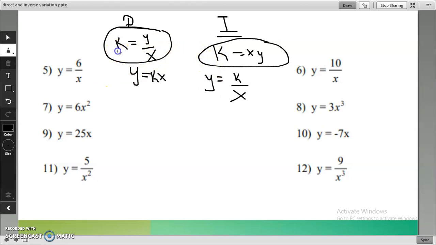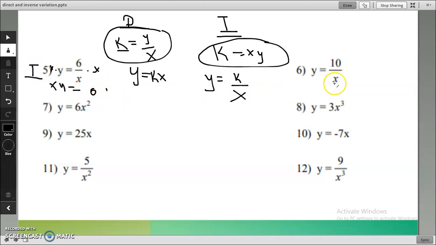I usually try to solve for my proportion k, so I want to get my term by itself. I need to multiply both sides by x, and I get xy is equal to 6. Well, the form xy is inverse. So this is inverse or indirect variation.